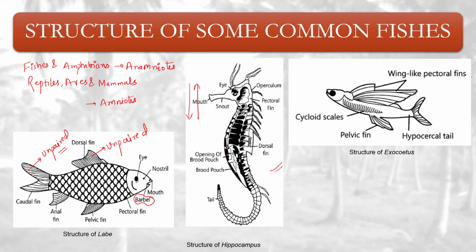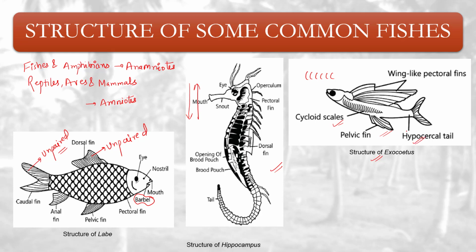Now, this is Exocoetus, the flying fish. You can see the cycloid scales. Cycloid scales are like C-shaped rings, like this. This is the pelvic fin. They have a hypocercal tail.